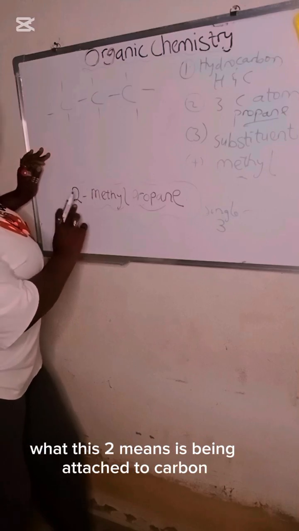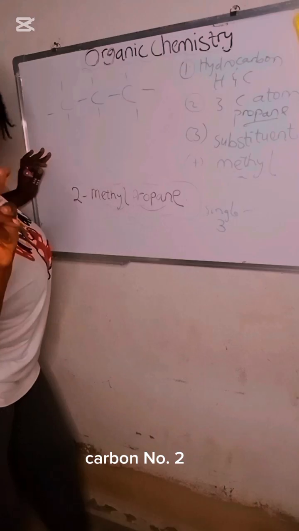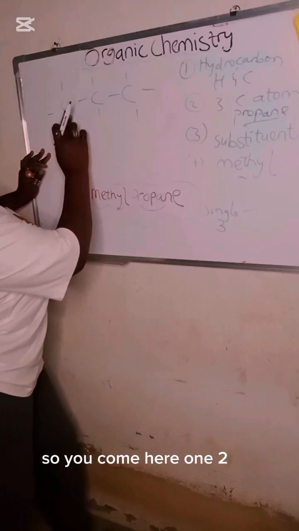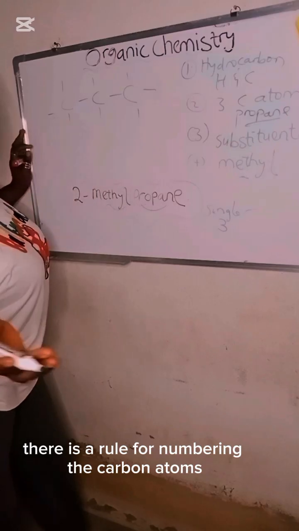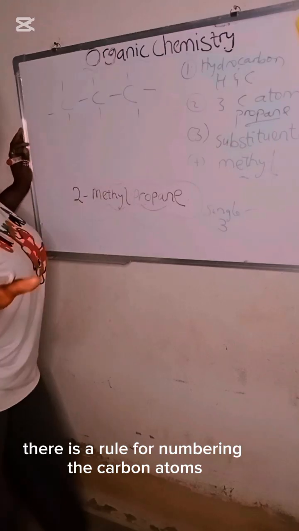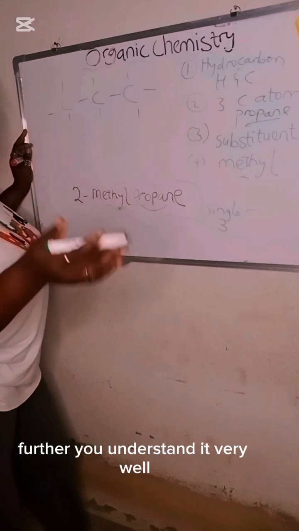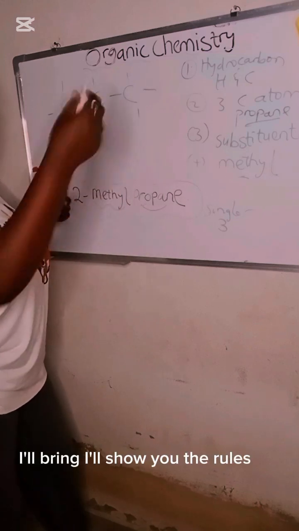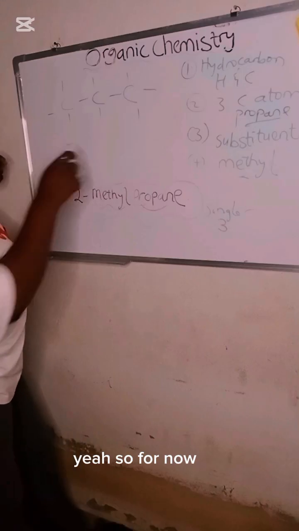The 2 means it's being attached to carbon number 2. So you come here, 1, 2, in naming. There is a rule for numbering the carbon atoms. As we go further, you understand it very well. I'll show you the rules. For now, this is it.